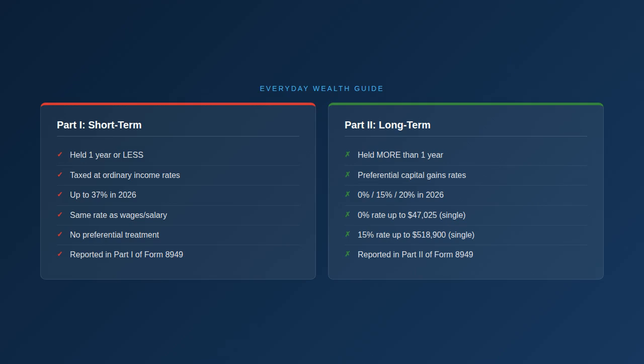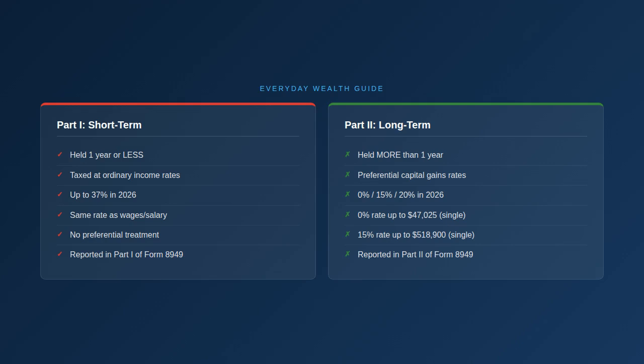They qualify for the lower preferential rates, 0% if your taxable income is below $47,025 as a single filer, 15% up to $518,900, and 20% above that. The difference between short-term and long-term treatment on a $10,000 gain can easily be $1,000 to $3,000 in additional tax, so whether you hit that 1-year mark really does matter.